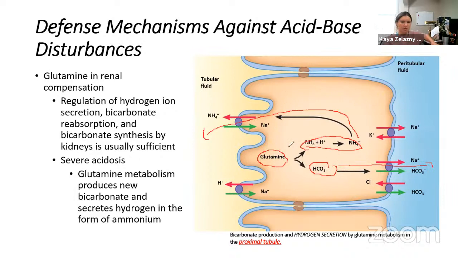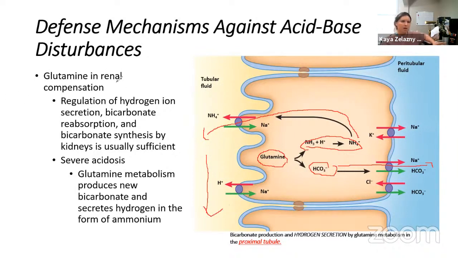Right, so we're always really moving these bicarbonate ions, whether we're getting them from glutamine, whether we're reabsorbing them from the tubular fluid, whether they started out as CO2. The bicarbonate ions are moving into the plasma, and the hydrogen ions, in whatever form, are being secreted into the tubular fluid, where they are then excreted as urine. Okay.